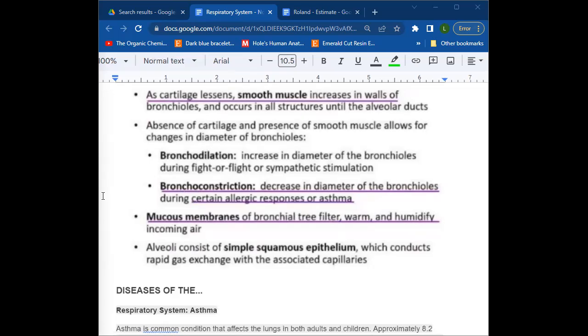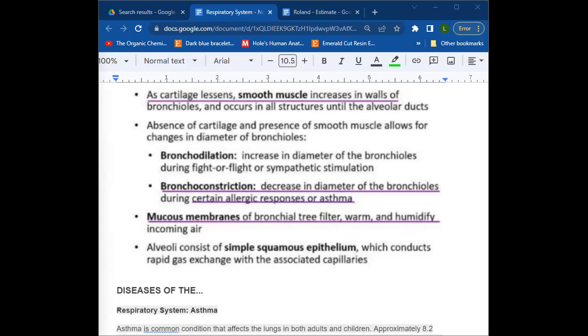Basically, when the bronchioles become very narrow, this is actually one reason why people may hear wheezing during an asthma attack or an allergic response.